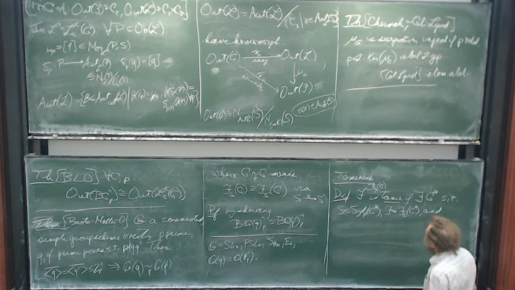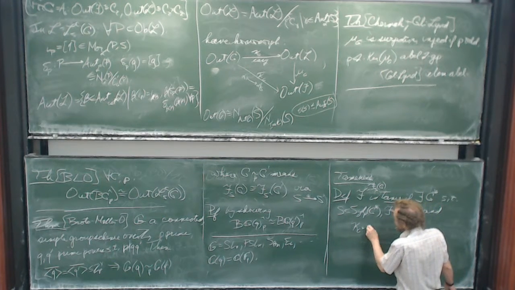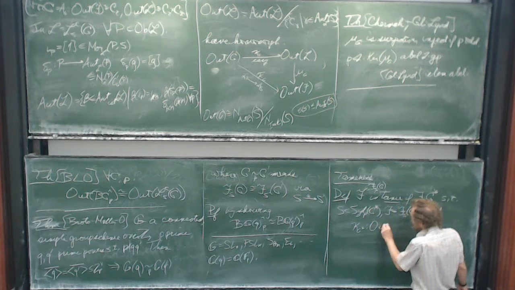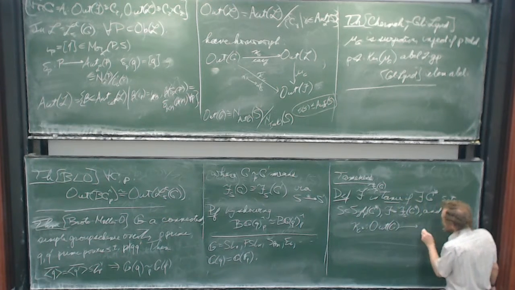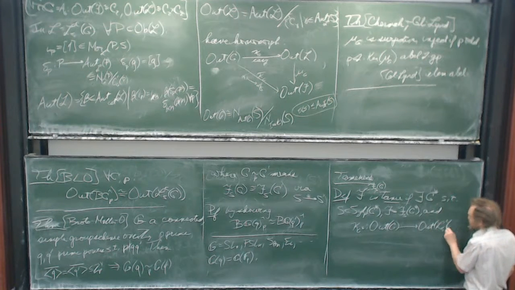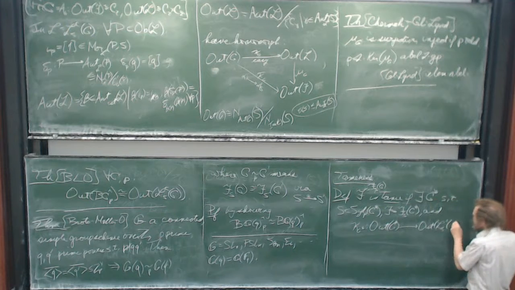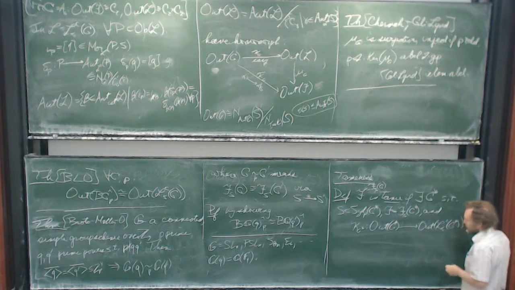this map kappa sub G star out of G star is split surjective.